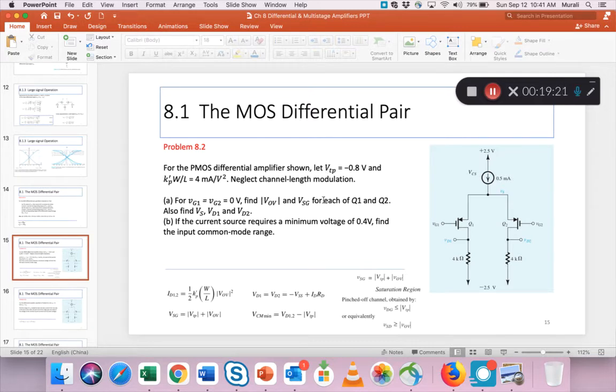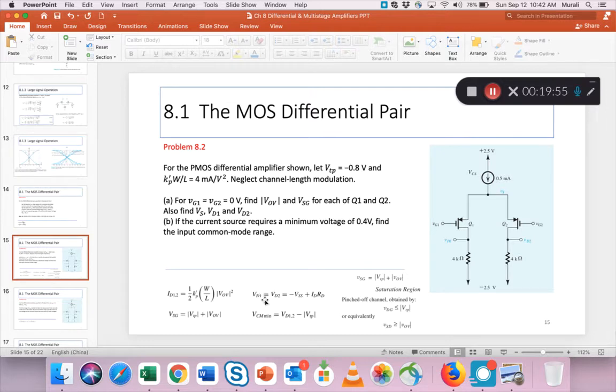So the formulas to use are these. The currents ID1 and ID2, now you use Kp prime in this formula. The important thing to remember is that the V source to gate, for NMOS we call it VGS, gate to source, but here it's source to gate, is VTP plus VOV.